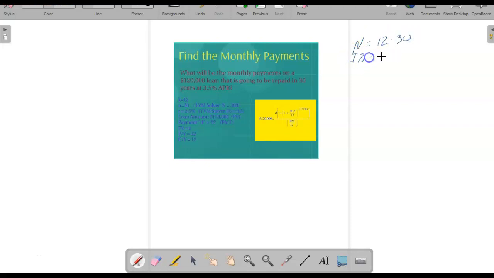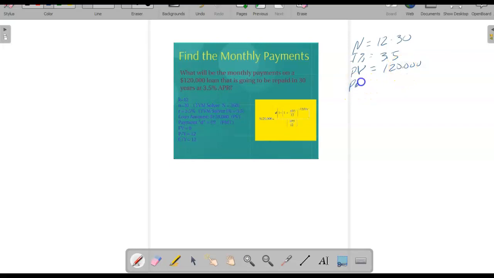I percent, that was 3.5%. The next one is our present value. Now this is a loan, so we owe money to begin with, and that's $120,000 that we owe.